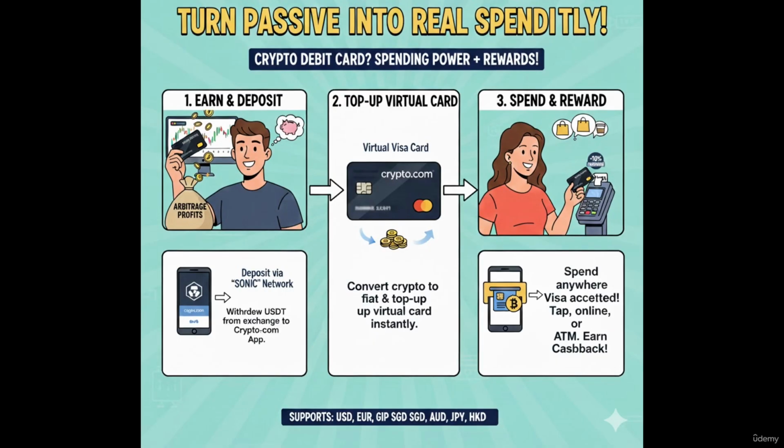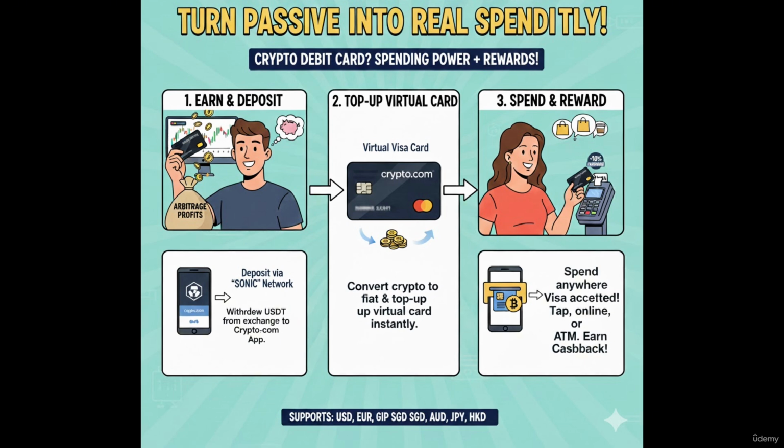When you earn through arbitrage, your profits usually accumulate on exchanges as USDT or other stablecoins. But you can't walk into a supermarket and pay with USDT. So you need a bridge, something that converts your crypto gains into usable fiat.